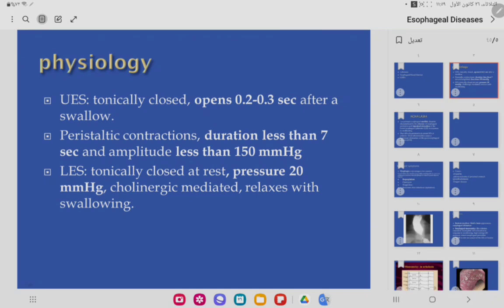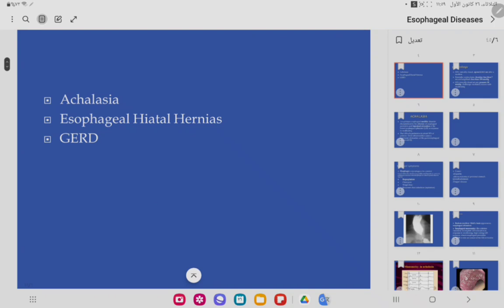These numbers come from manometry or an impedance test, when you put a probe with multiple sensors down the esophagus to measure pressure and acidity. They will give you a couple of numbers on peristaltic activity. The lower esophageal sphincter is tonically closed at rest, with a pressure of 20 mmHg, cholinergic mediated, and relaxes with swallowing. That's quite important because anticholinergics will sometimes cause reflux.